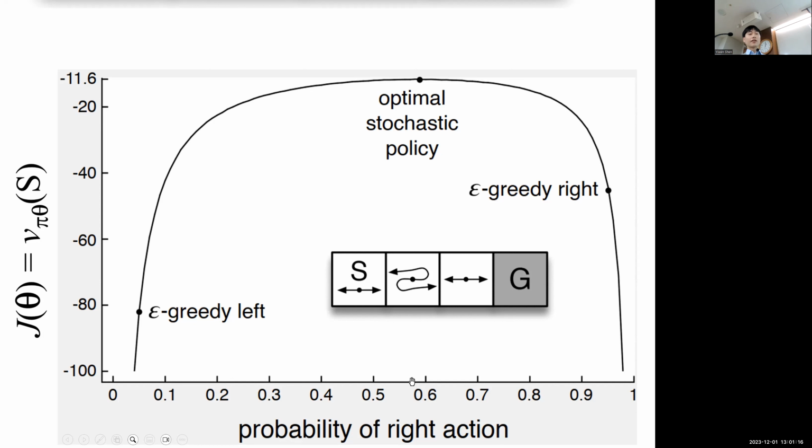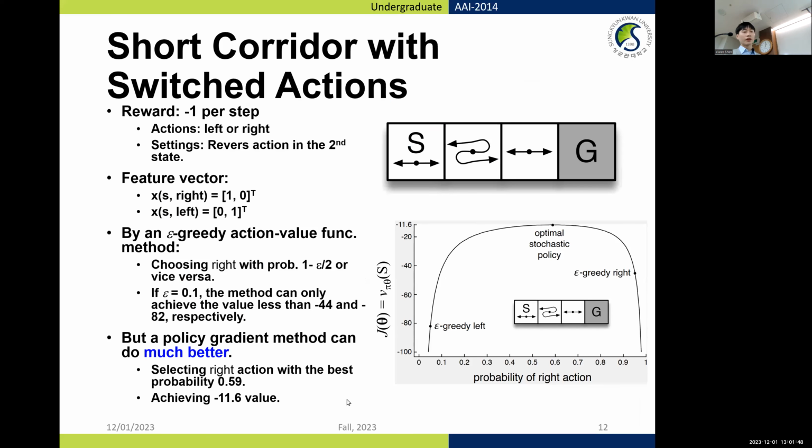Then if we have the policy approximation approach, the policy gradient approach, we can reach this optimal stochastic policy. When we say optimal, it means this policy shows the best, our target policy. When we say stochastic policy, it means the action selection is based on probability. As I mentioned, the policy gradient method can do much better, as shown here.